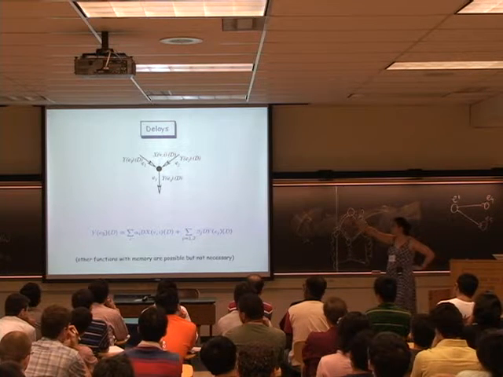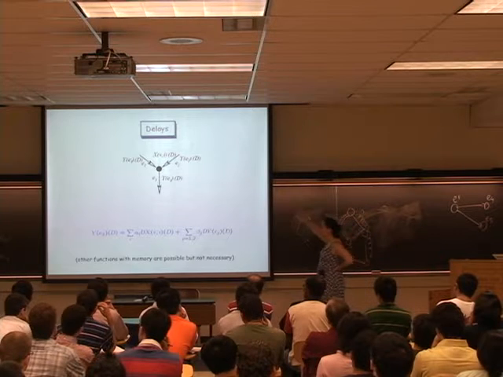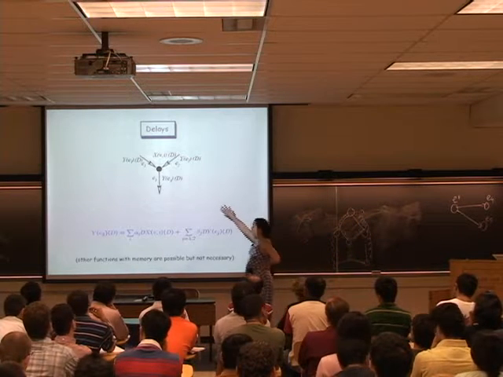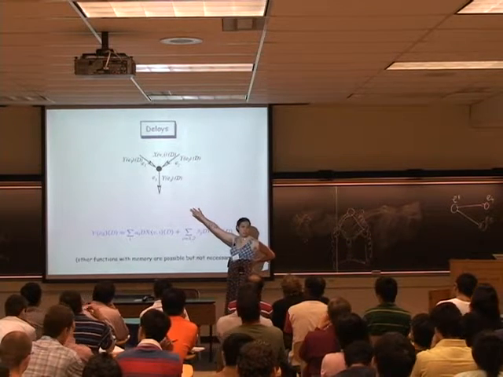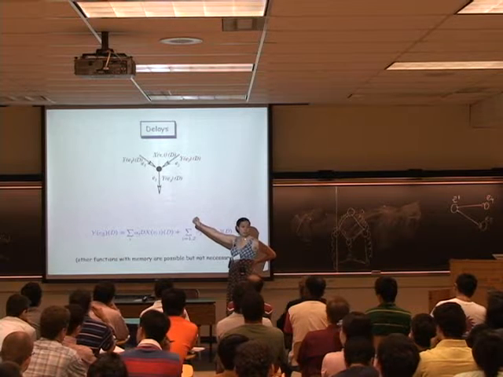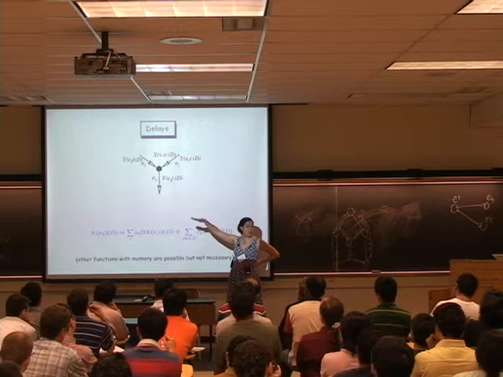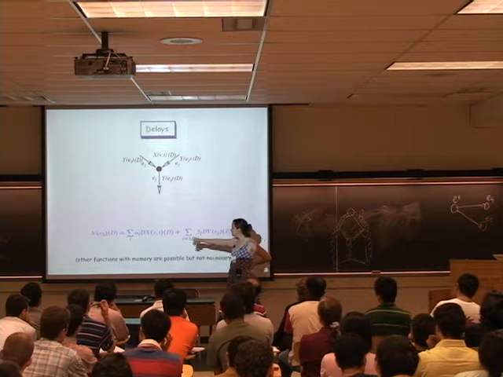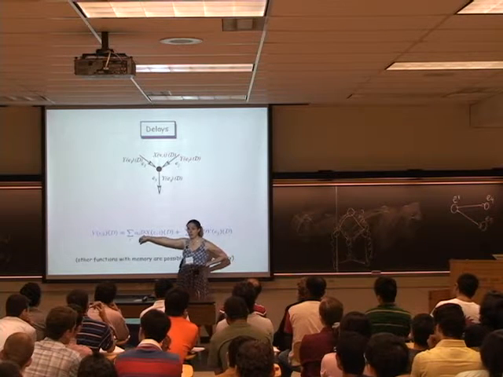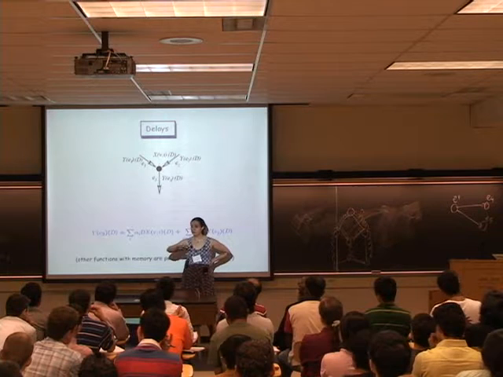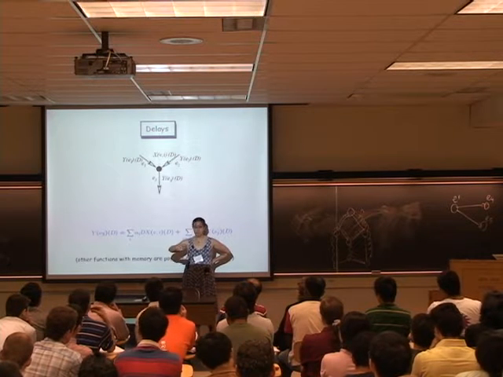Okay? So the same thing has happened before, right? I'm going to have the output of a node be a linear combination of the exogenous and endogenous inputs at that node, except that I'm going to pick up one delay as I step through a link.